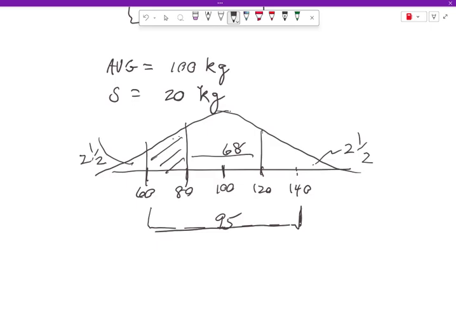What's the difference? 27. This and this are 27%. What's in one piece of it? Half of 27 is 13 and a half. 13 and a half in here.